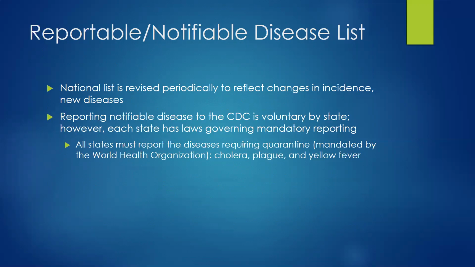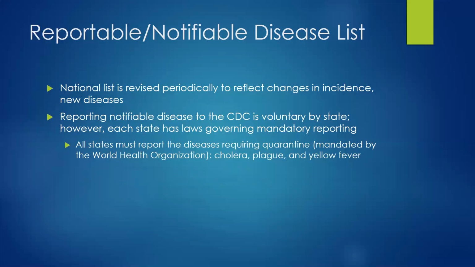Every state has some kind of law that governs how this reporting needs to be done. So some conditions are within 24 hours and some could be reported more on like a weekly, monthly kind of basis. So as with the other kinds of data, often this gets reported to a local level, then moves up to the state and finally up to CDC.